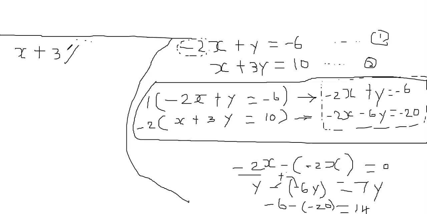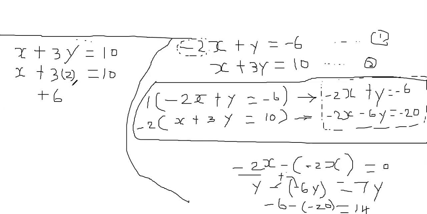We need to substitute in order to find x. All right. So wherever we see y, we substitute the value for y. So we found y as 2, right? 3 multiplied by 2 is 6.